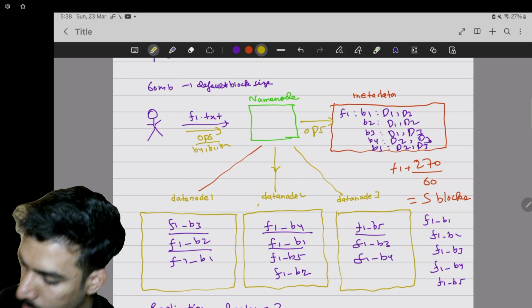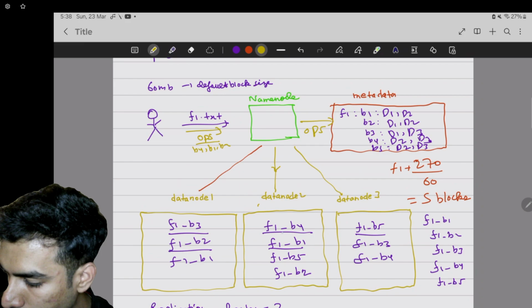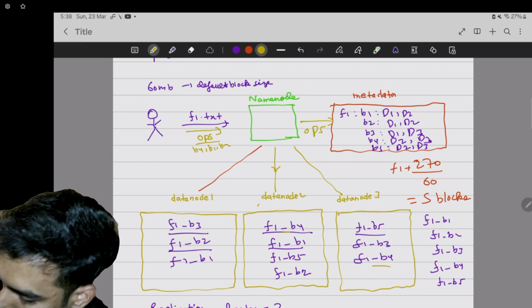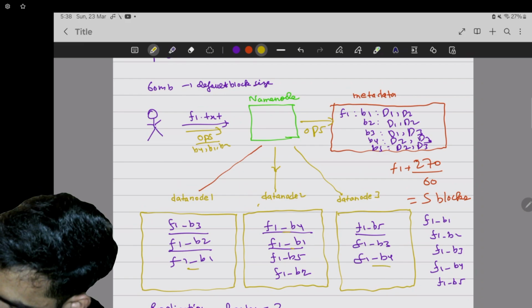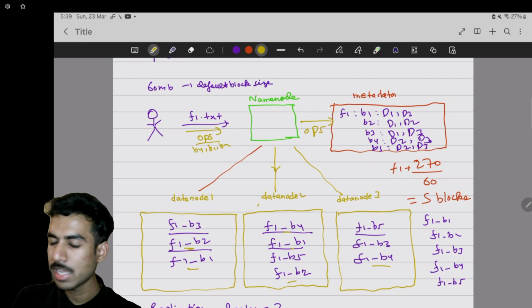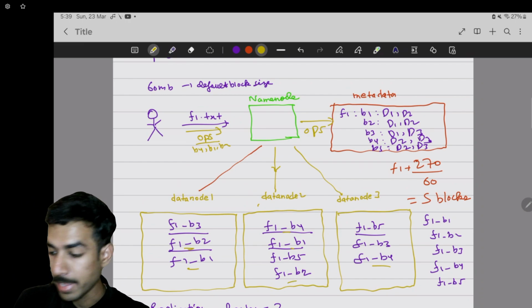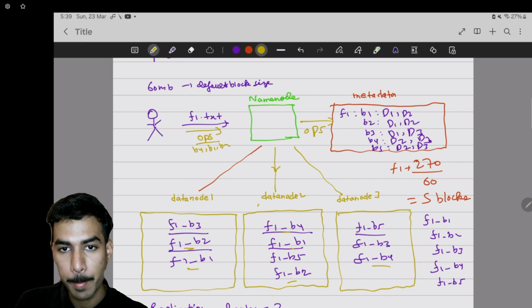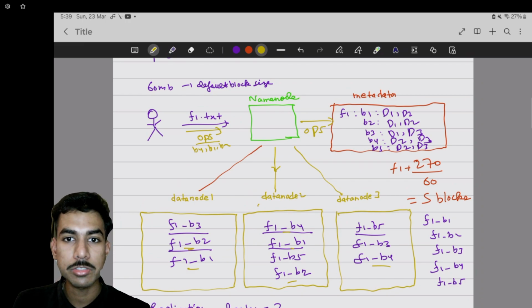To do that, B4 is here and B4 is here, B1 is here and B1 is here, B2 is here and B2 is here. So as the number of blocks increases and the number of replications increases, it requires more processes in your task manager.